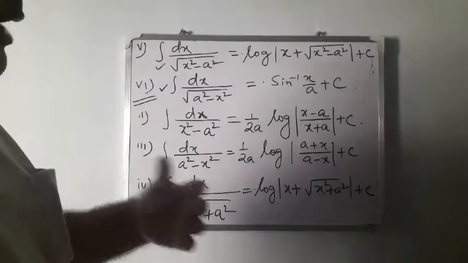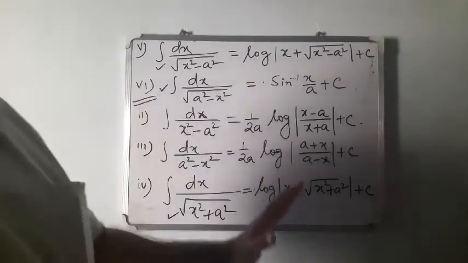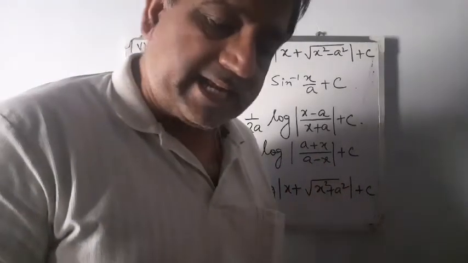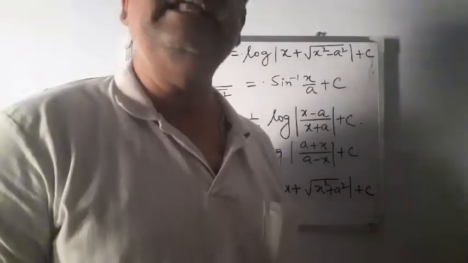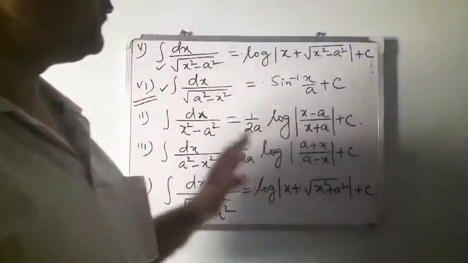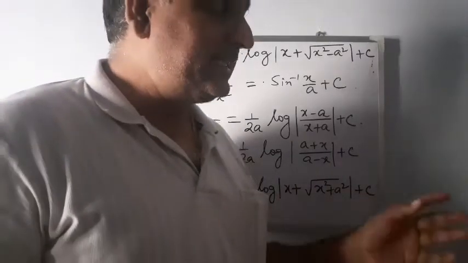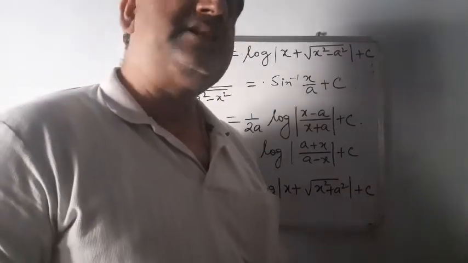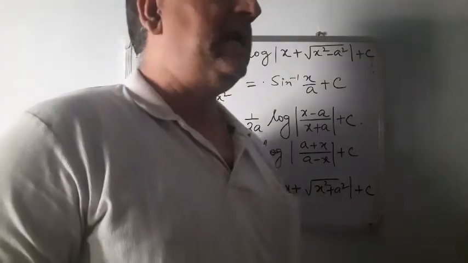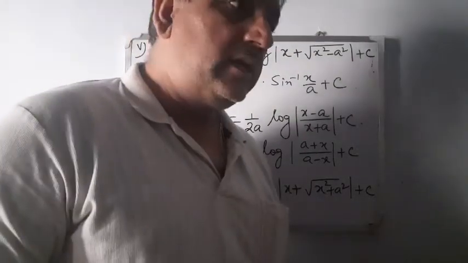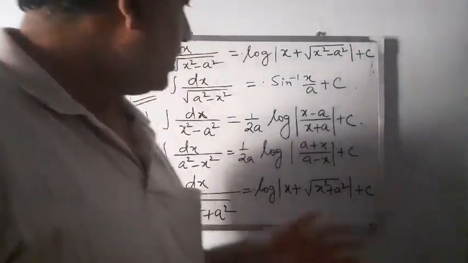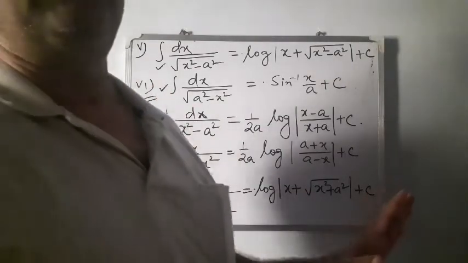You have to remember these formulae so that you can easily apply them. So first of all, write all these six formulae in your copy and then try to apply them in several problems. After applying them, you will easily learn these six formulae.